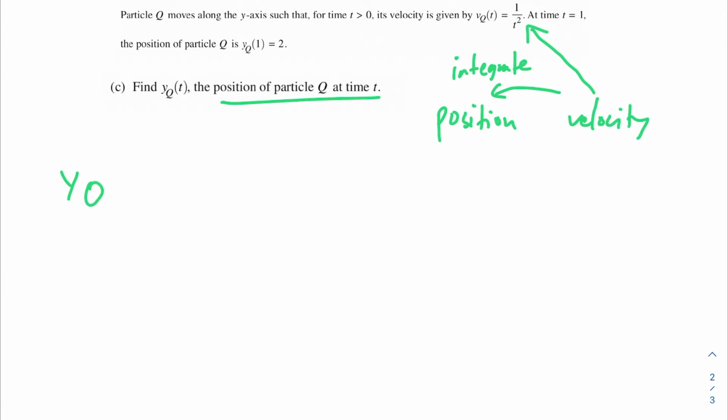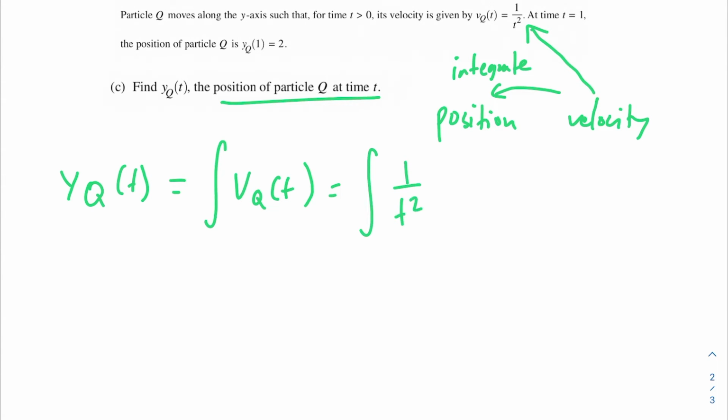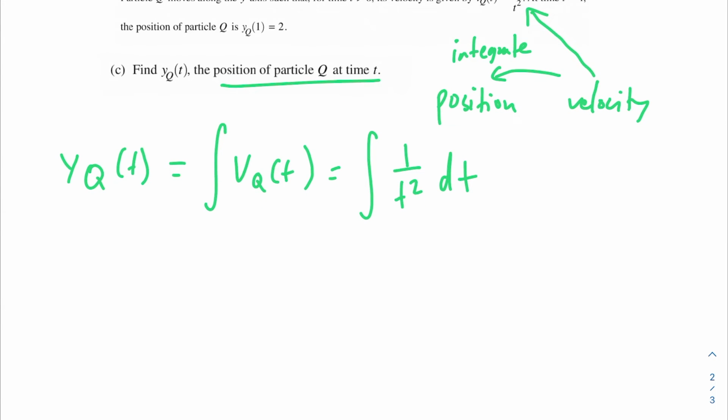So to find y q of t, that's going to be the integral of v of q of t, which is the integral of 1 over t squared dt. We can rewrite this once again to be the integral of t to the minus 2 power dt. This just makes it easier to integrate, in my opinion.